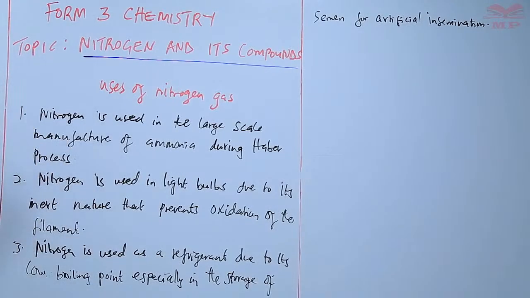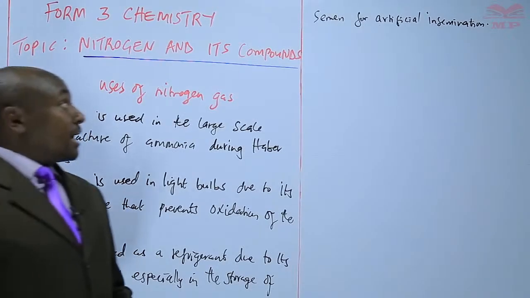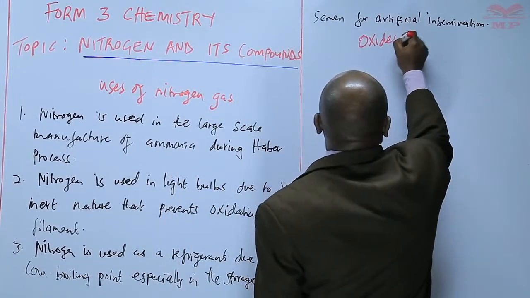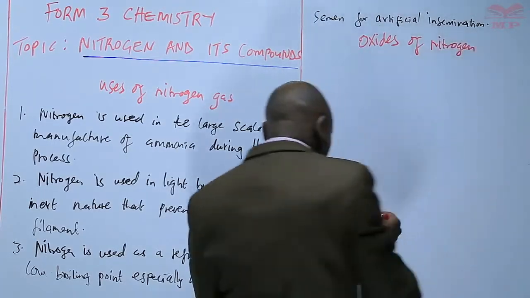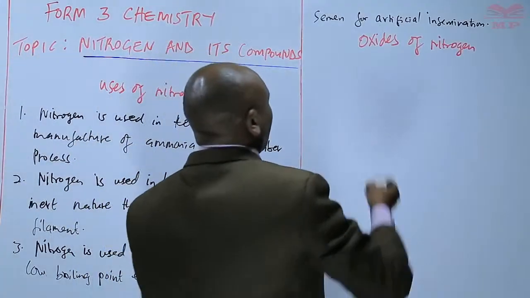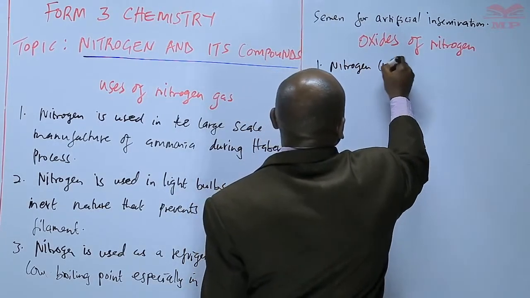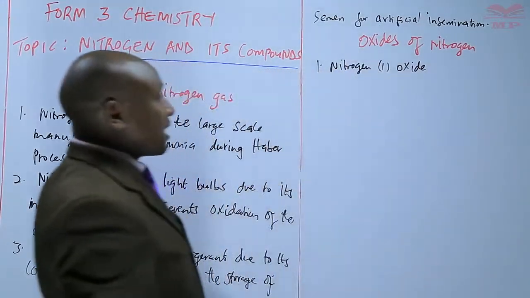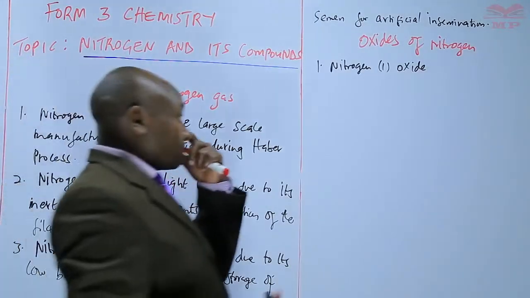So having discussed nitrogen, its preparation, properties and uses, we are going to next discuss the oxides of nitrogen. Basically, nitrogen has 3 common oxides. Number 1, we have what is called nitrogen 1 oxide. These are now the compounds of nitrogen. These are not pure nitrogen, but they are nitrogen compounds. They are nitrogen oxides.